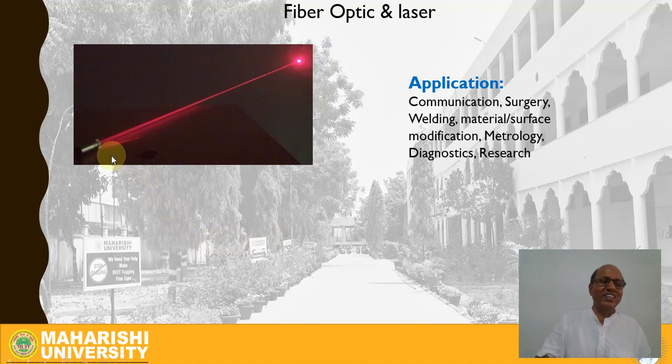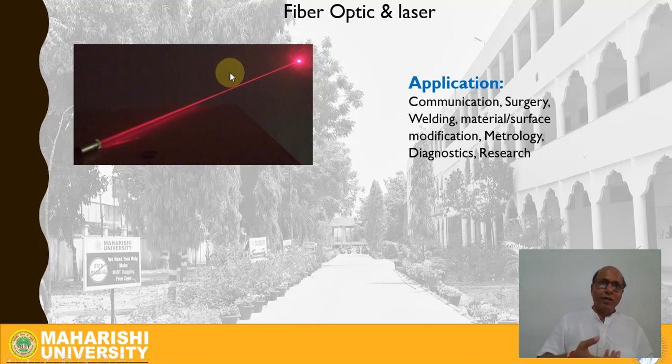You can see that this is how a fiber optic laser system looks, because you have an optical fiber inside, and it launches the laser. There can be an optical fiber system where a complete roll of optical fiber is there, and the laser comes out through it.